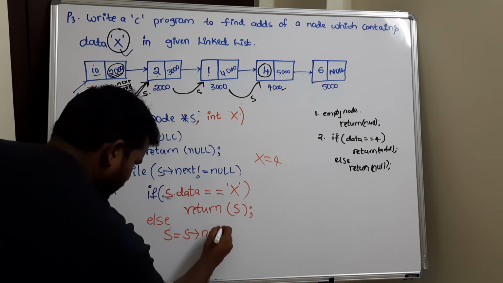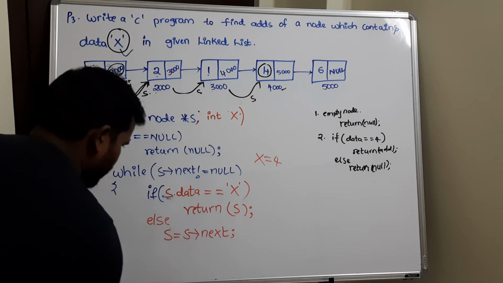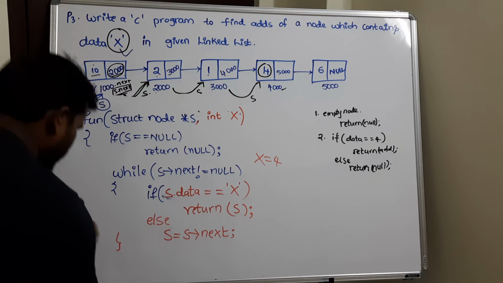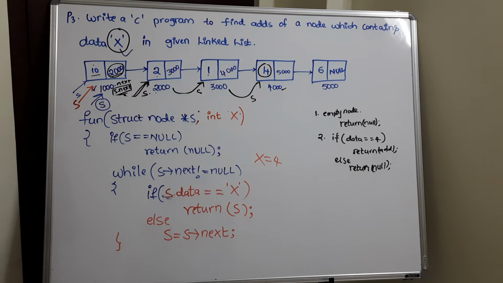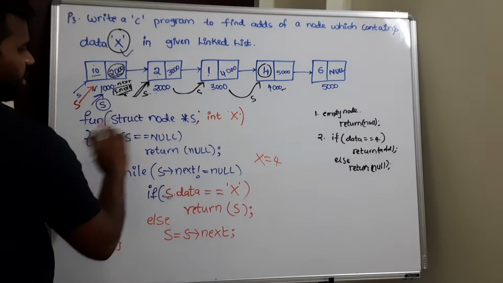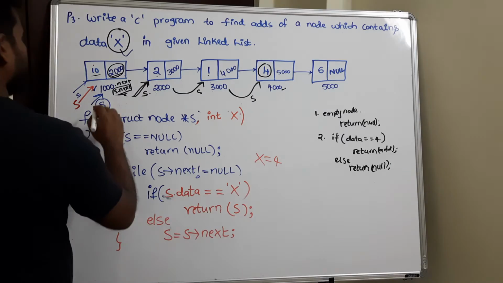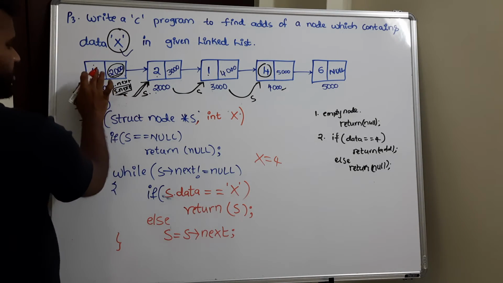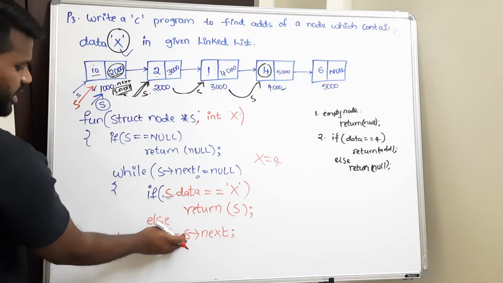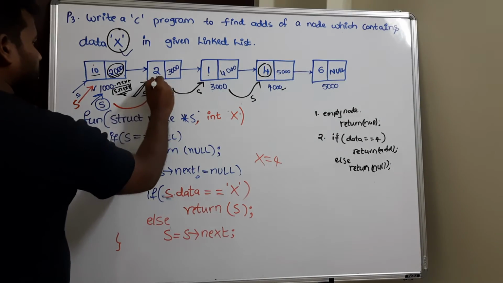Okay, so we are not done. So from here, let's say x equal to 4, right? It is not equal, then you came to the else section, then you move to here.